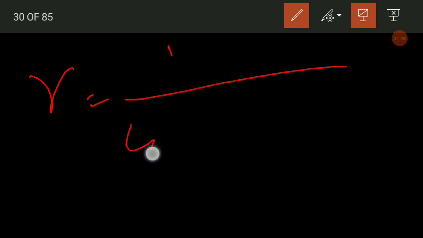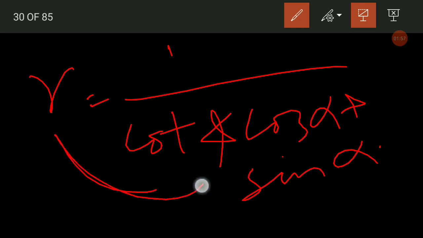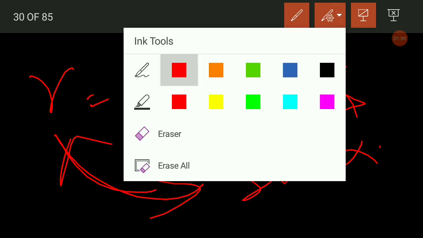So I can write r equal to 1 by cot phi into cos alpha plus sin alpha. Okay, after simplifying.